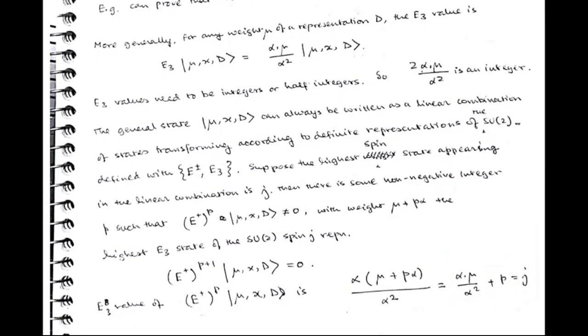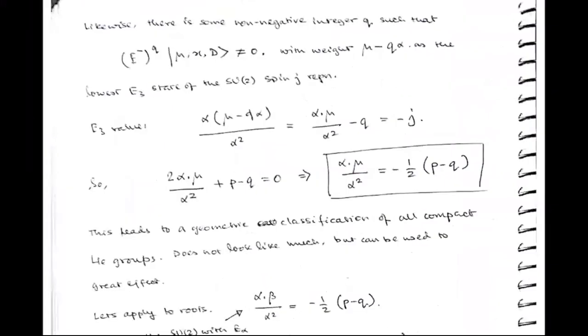Similarly, you can get some particular non-negative integer q, such that you can act on the state q times with this E minus, and this is going to be the lowest weight state of the SU2 spin J representation.